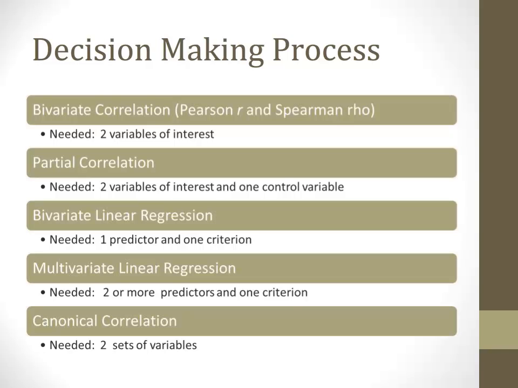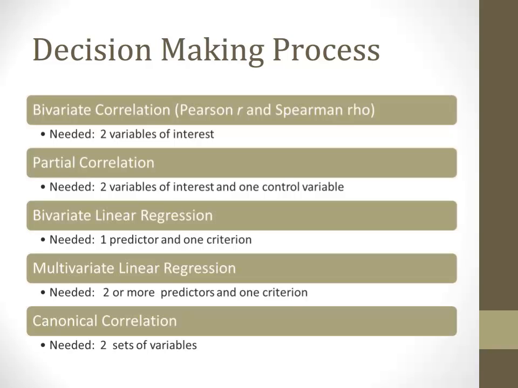That finally brings me to the canonical correlation. The canonical correlation is used when a researcher wants to know the relationship between 2 sets of variables. Let's say here the researcher wants to know, is there a relationship between the 2 subscales of sense of community, learning community and connectedness, and not only course points but also perceived learning?